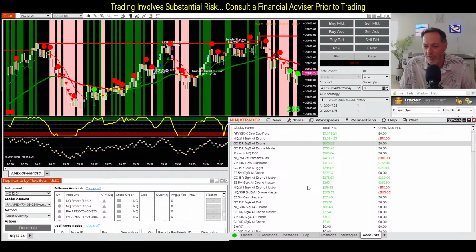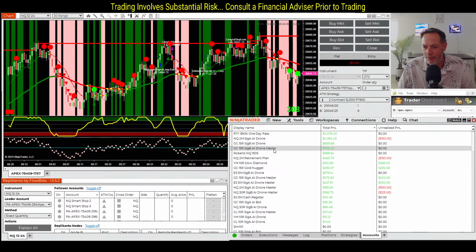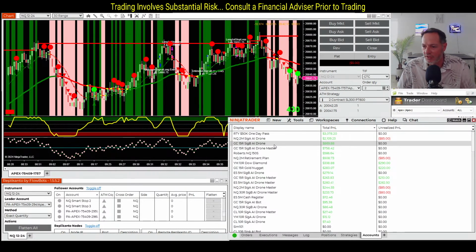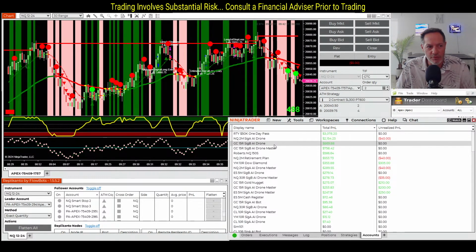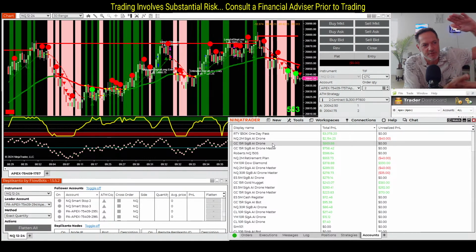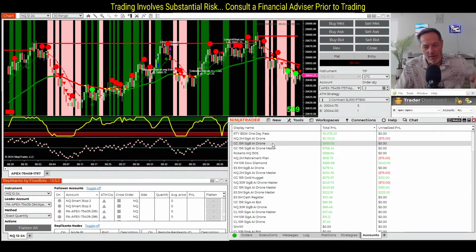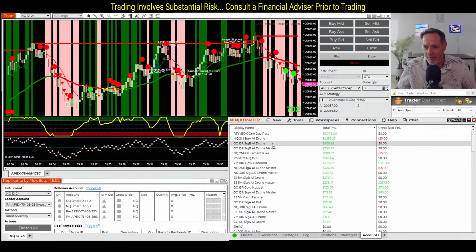the portfolio. Here on my machine, because we were testing the new release, I had the drone master, and then the drone. This drone flies 24/7, I'll call it. Anytime the market's open, this drone's flying in there, observing. It'll take its entries if it gets all the setups, and we save that trade data inside our database.